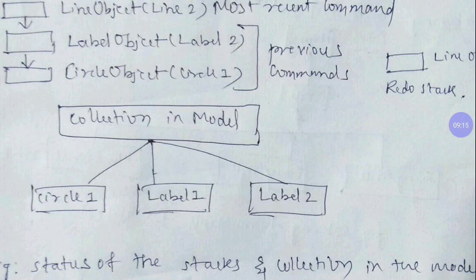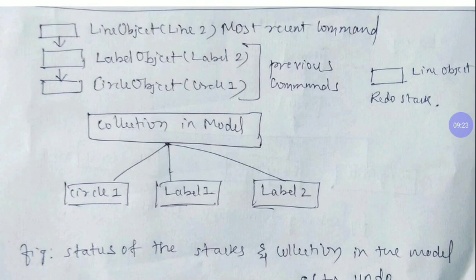In the model component, the collection previously had circle 1, label 1, label 2, and line 1, with line 1 on the top of the stack. After the undo operation, the line 1 component is deleted from the model and pushed onto the redo stack.